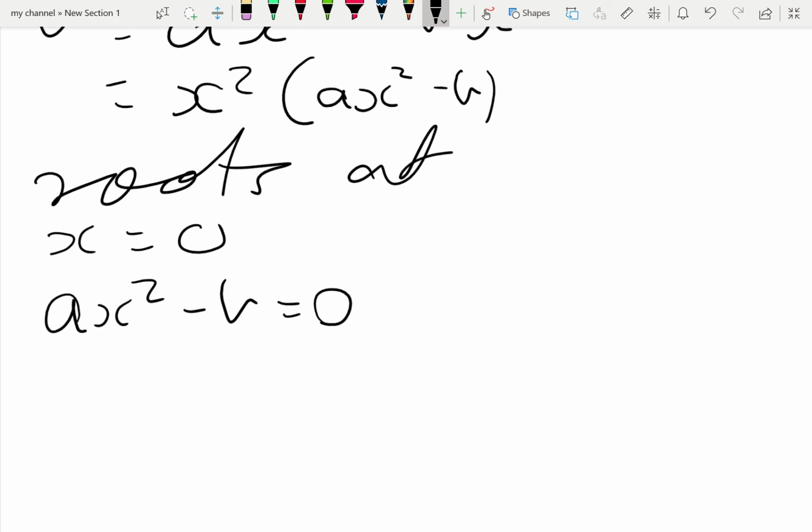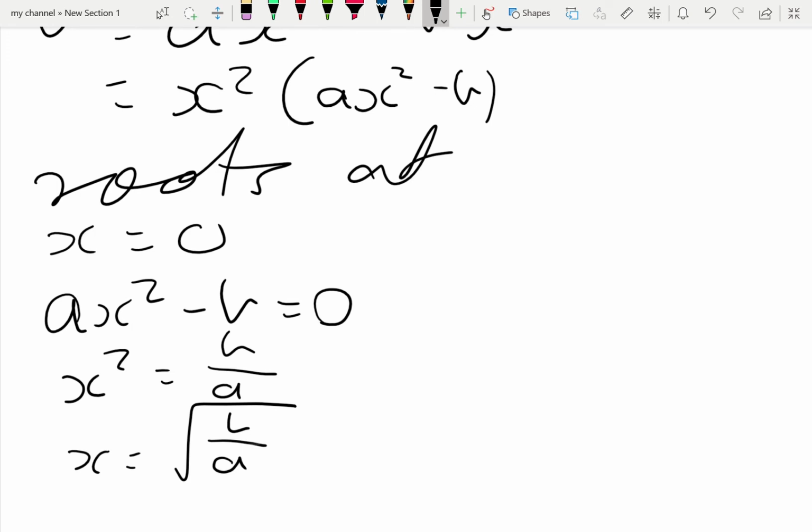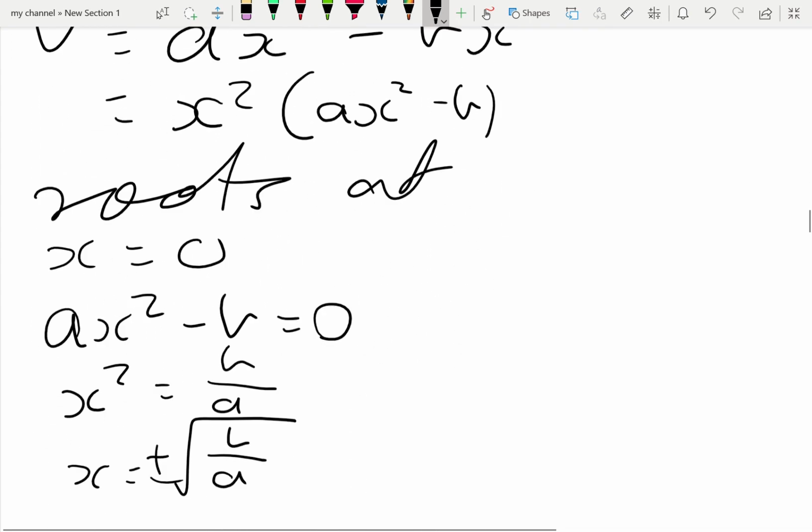We have x squared is equal to b over a, x is equal to the square root of b over a, plus or minus, obviously, because we have two solutions on this graph.